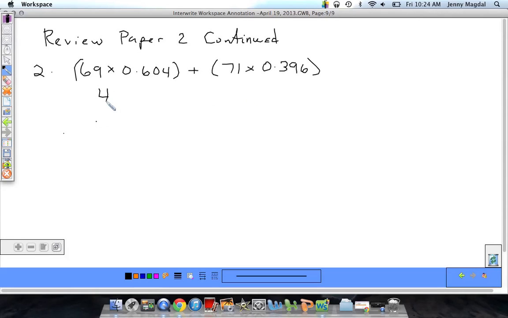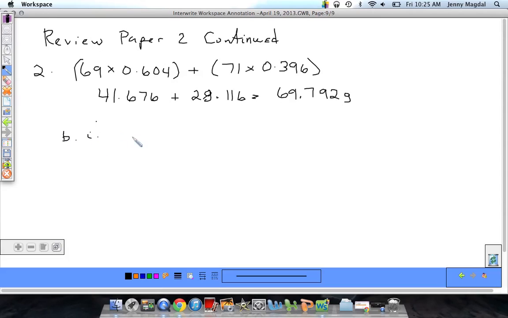I get 41.676 plus 28.116 for a grand total of my average atomic mass, 69.792 grams.